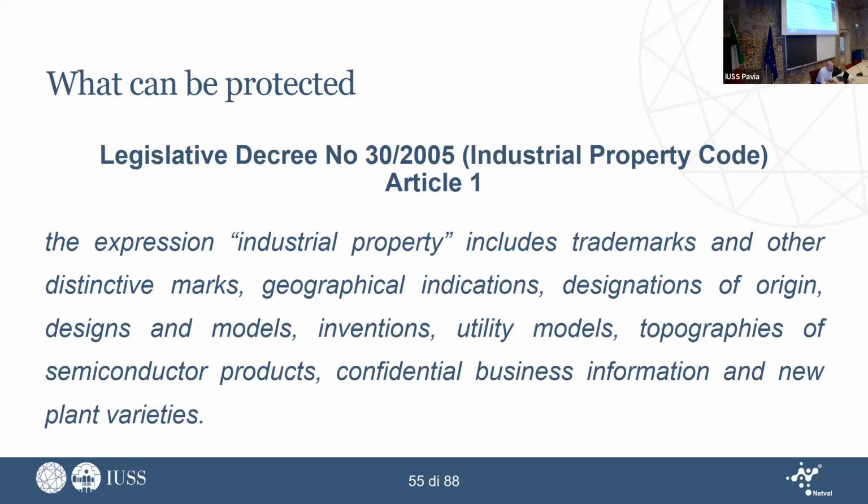So this is our Italian industrial property rights. As you can see, the Italian legislation includes confidential business information, so it is protected by the law. That is not the same for all the countries in the world.